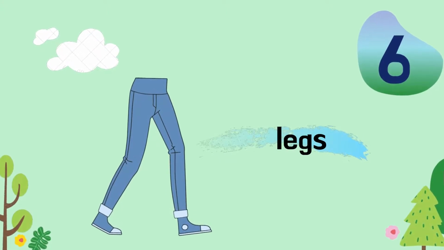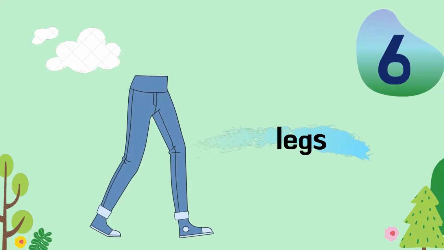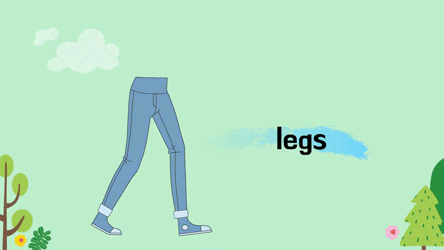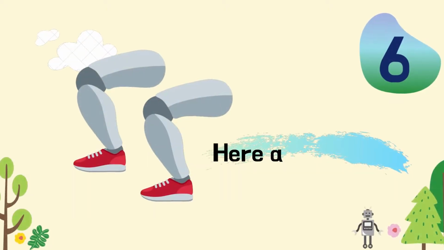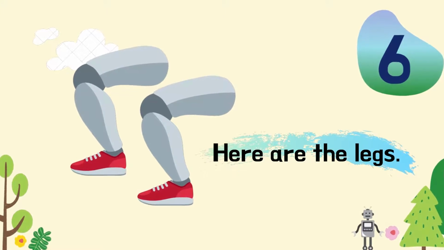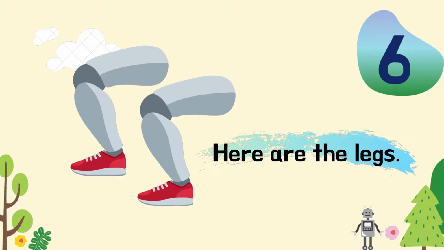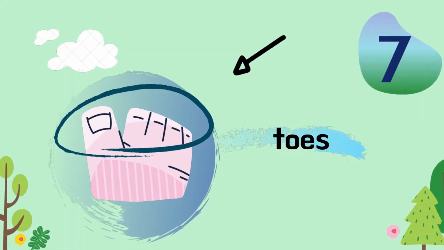A little explanation: if we have two, we call it legs. This is the sentence example. Here are the legs. Well done.